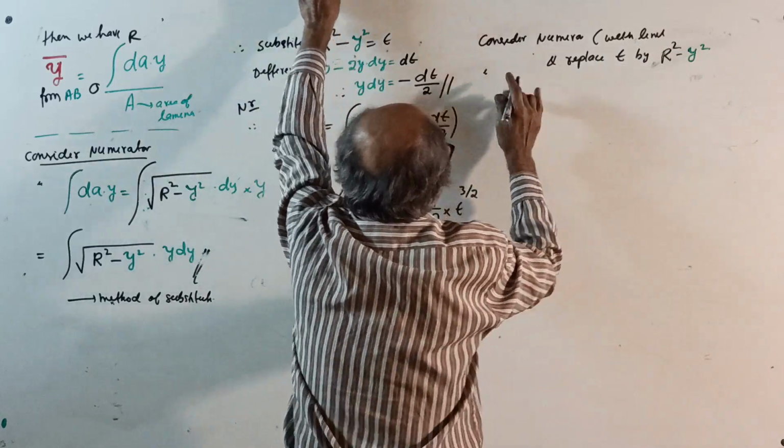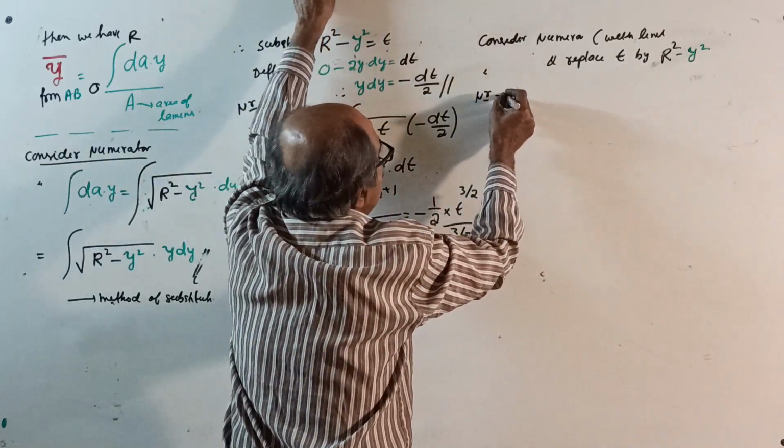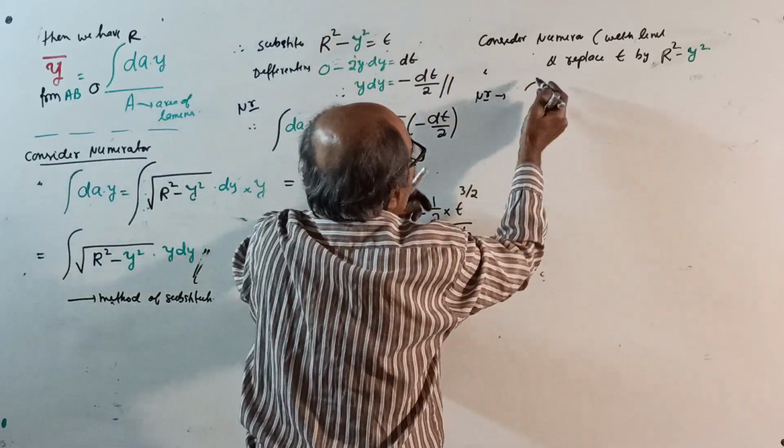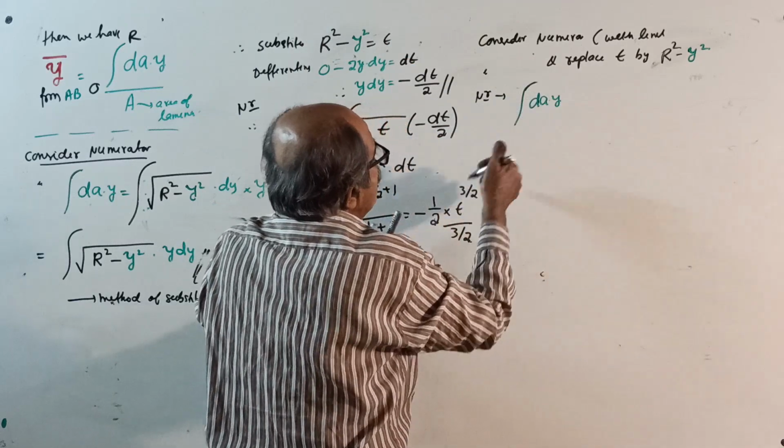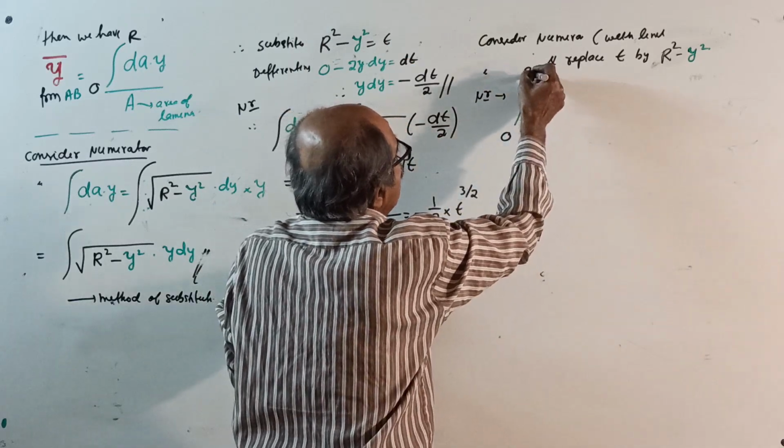What do you get? Your numerator is the integration of dA into y, limit 0 to r.